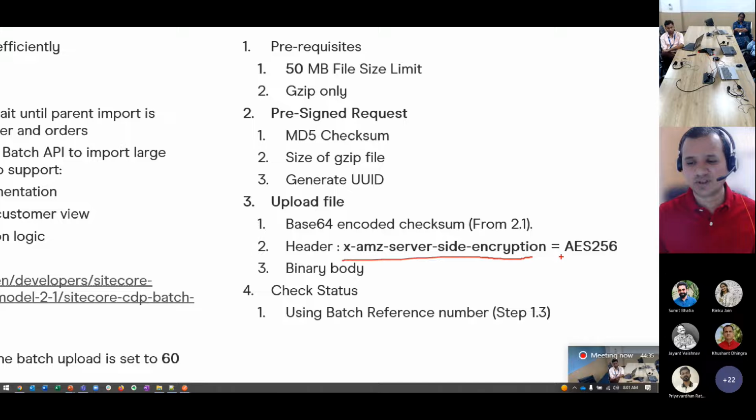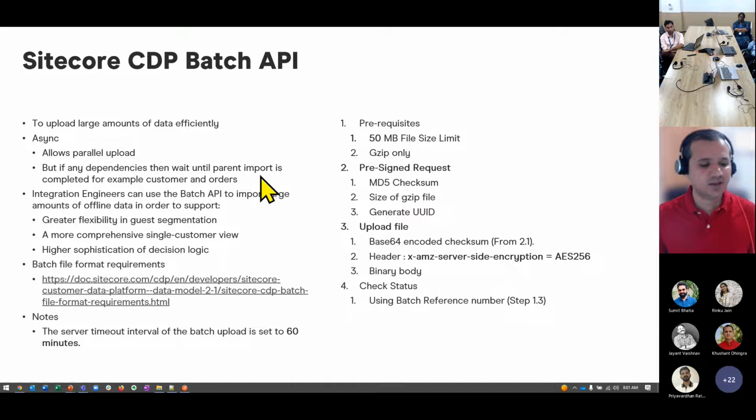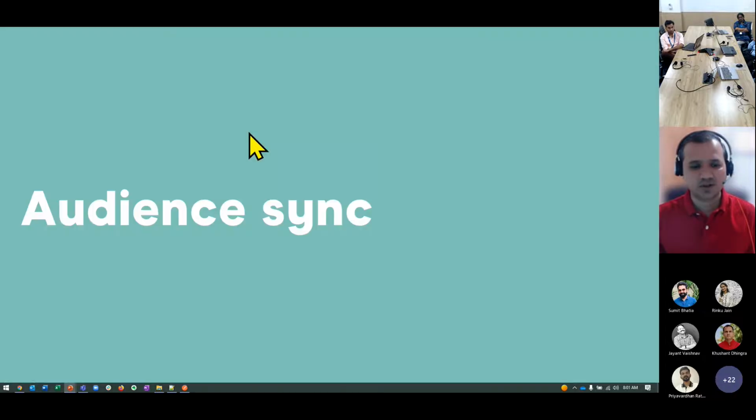It looks like behind the scenes they use Amazon servers and this header needs to be passed to upload the binary file, the body. And then you use check status where you provide this UID to check the status. So that's what we did, and we'll let the file process and then we'll come back to that, but we can continue with our other topic.